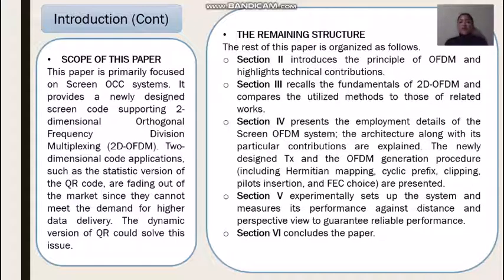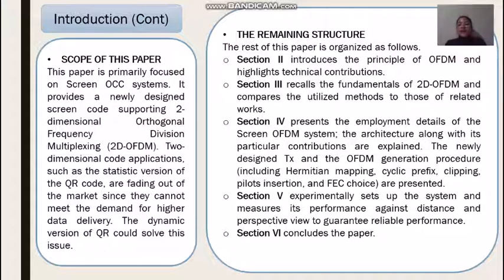Section 4 presents the implementation details of the screen OFDM system, the architecture, along with its particular contributions, and explains the newly designed TX and the OFDM generation process including arrangement, mapping, cyclic prefix, pilot insertion, and so on.